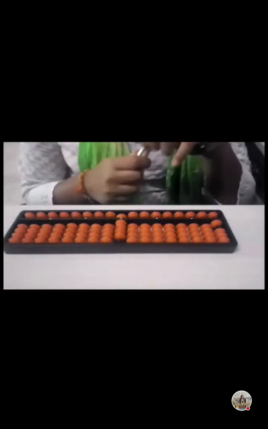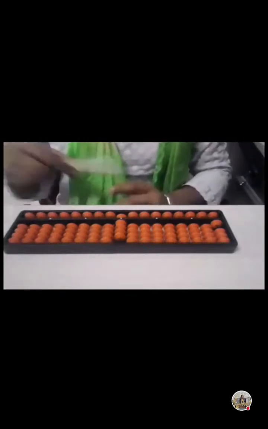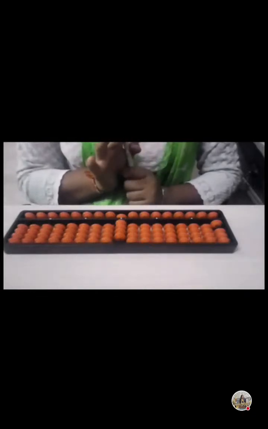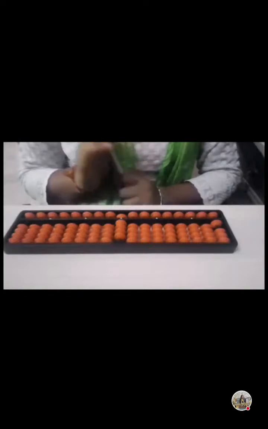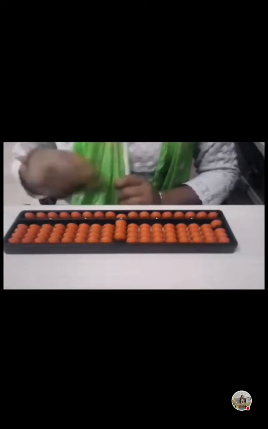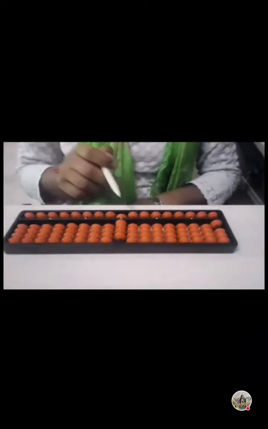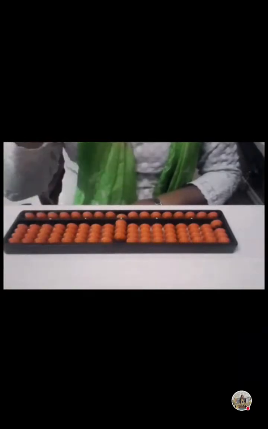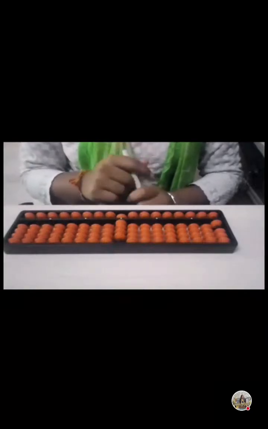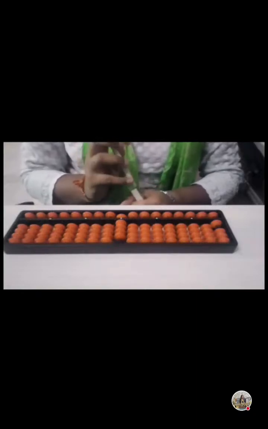Or you can say that, here, how many beads are left? 0 beads are left. 0 is our answer, and we add 1 to that. So our answer came out to be 0, because no bead is left here. Now 0 plus 1 is 1. And I was in a negative position, so our answer will be minus 1. Understood?